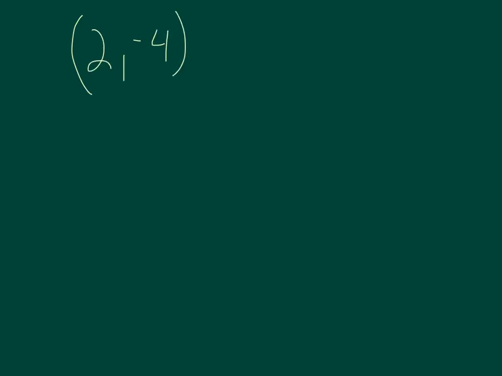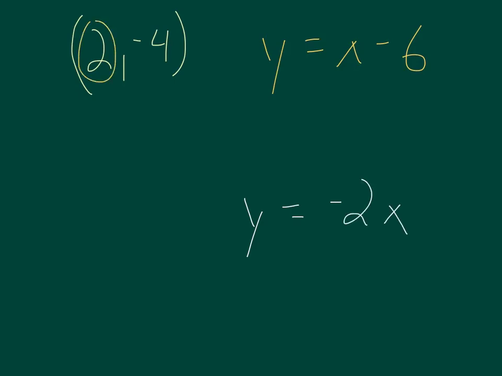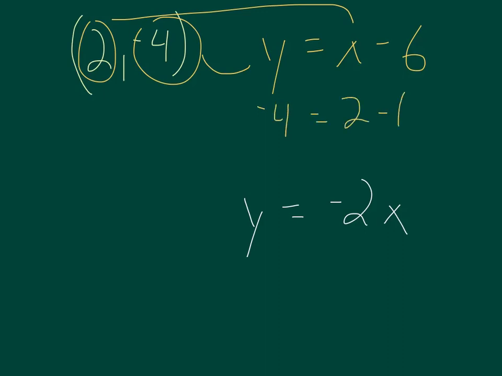Let's plug that in. We had y equals x minus 6, and we also had y equals negative 2x. Okay, if this is our x value, put it in. If this is our y value, put it in. We'll say that negative 4 equals 2 minus 6.